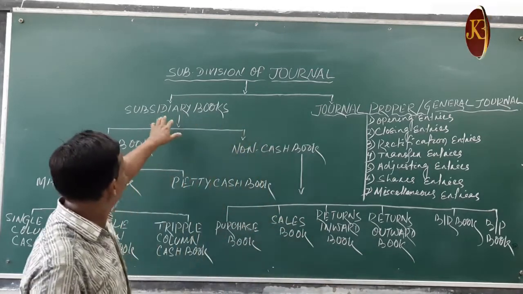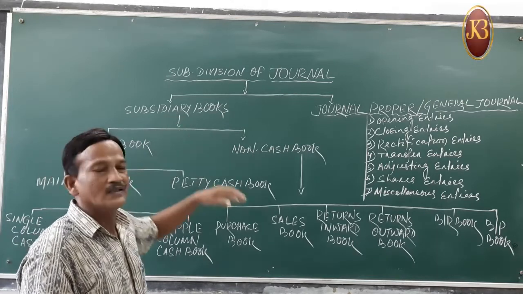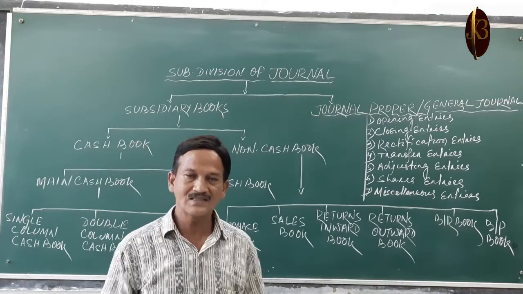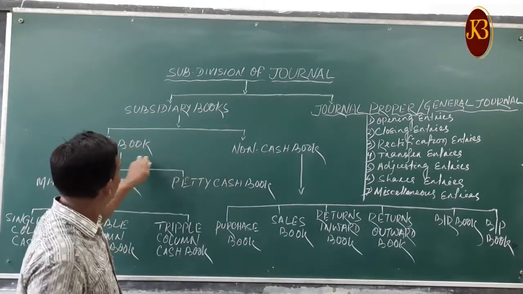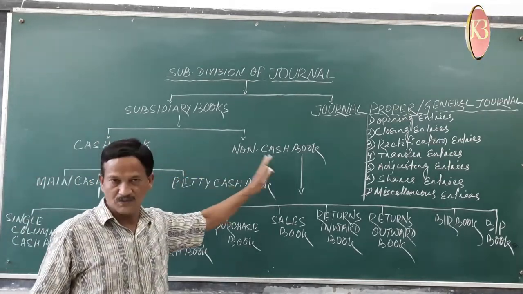But the subsidiary books are part of the subdivision of journals, and they constitute mainly two books, that is cash book and non-cash book.